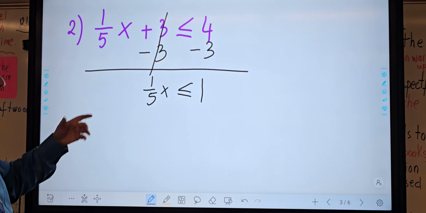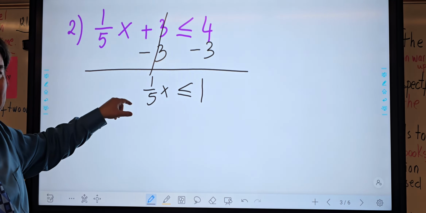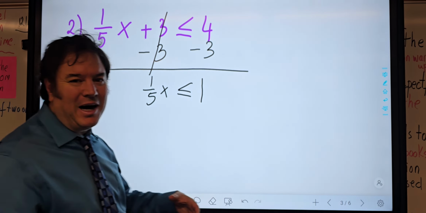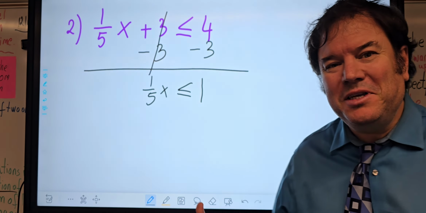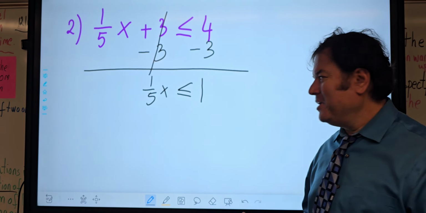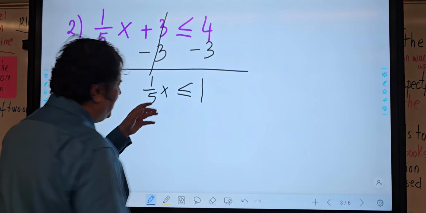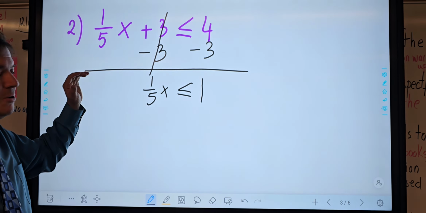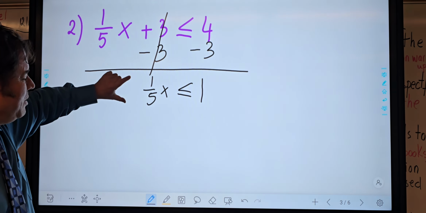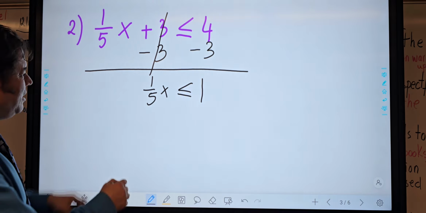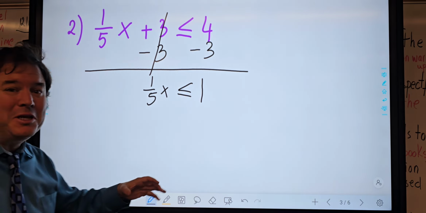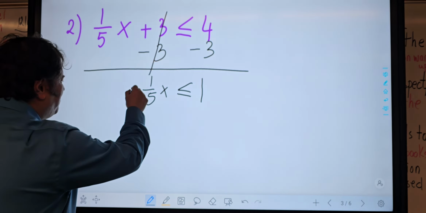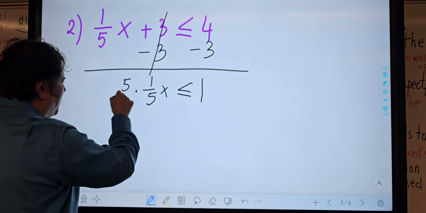And now we have an option here. Since we have a fraction, every time we have a fraction, I tell my students to use the reciprocal method, similarly to solving equations, right? The reciprocal of 1 over 5 is 5 over 1. So let's multiply both sides by 5 over 1.